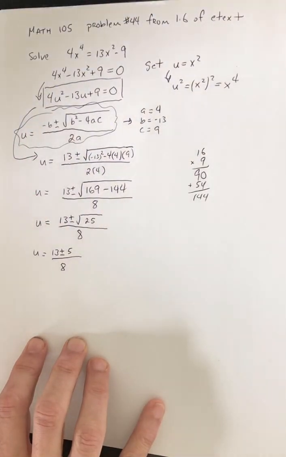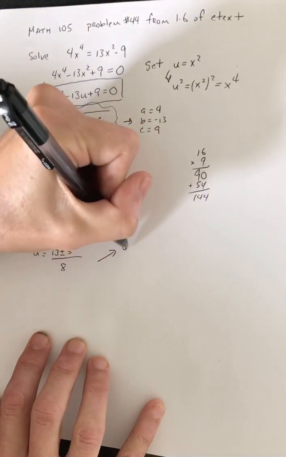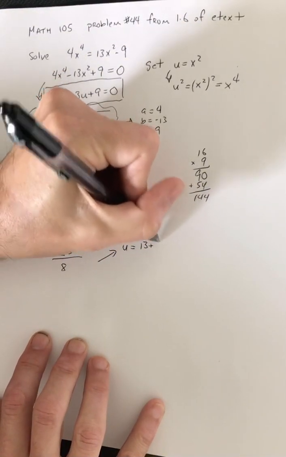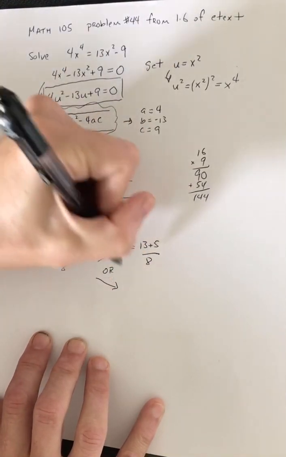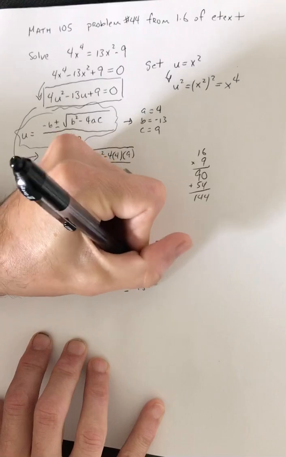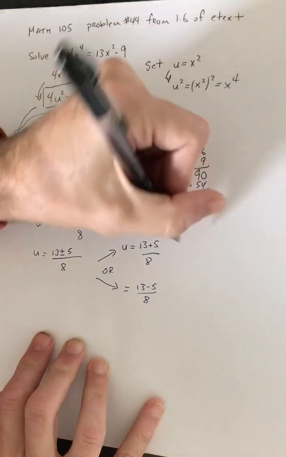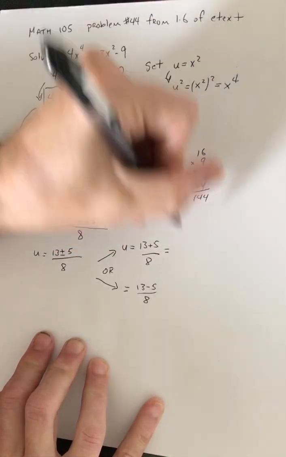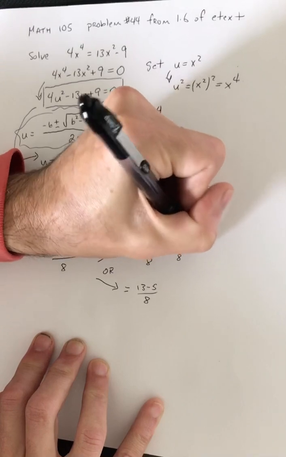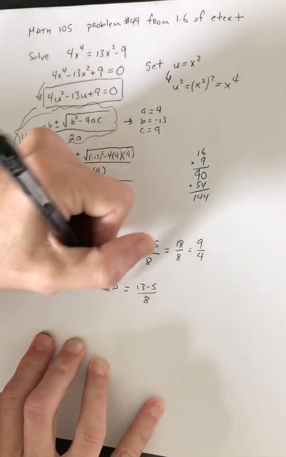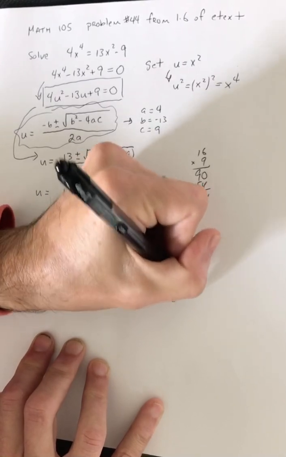I get u is 13 plus 5 over 8, or u is 13 minus 5 over 8. 13 plus 5 over 8 is 18 over 8, which reduces to 9 over 4. 13 minus 5 over 8 is 8 over 8, which is just 1.